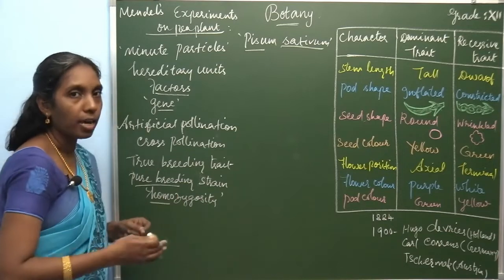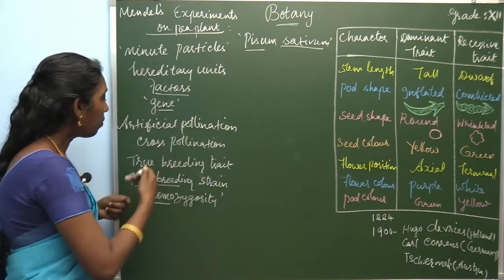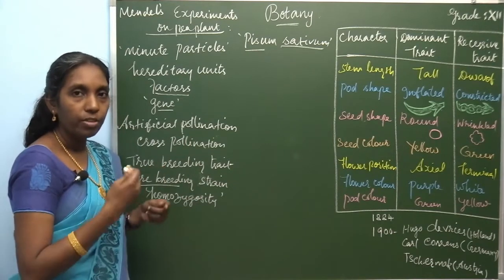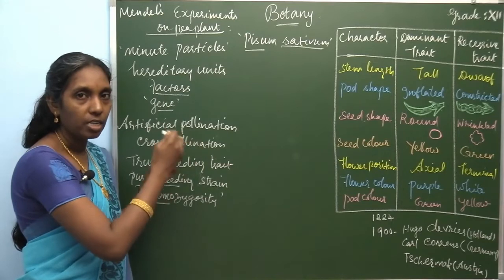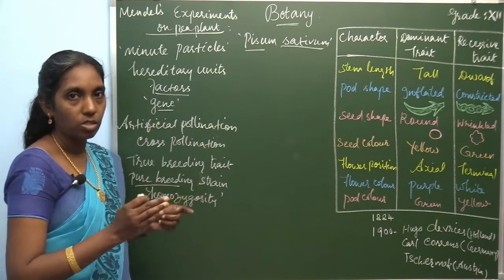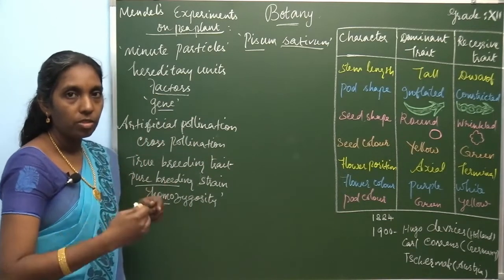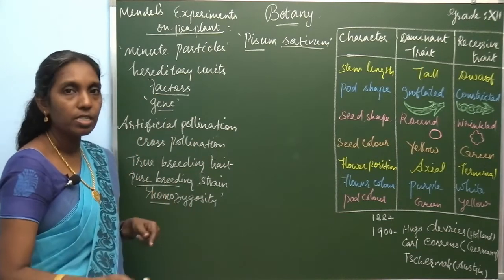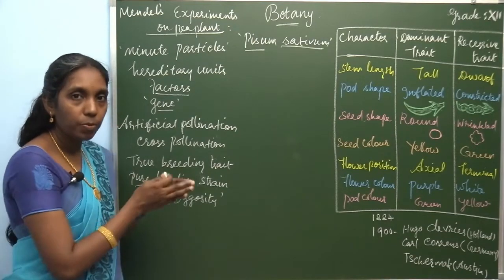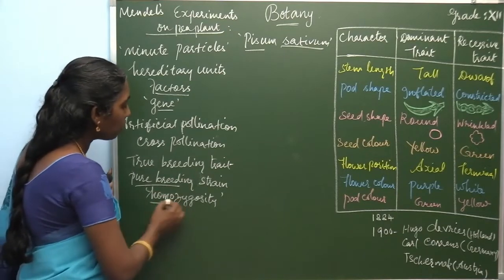Homo means the same, continuously from the pure breeding line, pure breeding strain or true breeding trait, which shows the same parent generation after generation. There will not be a cross. From the same parent, the offspring are developed.